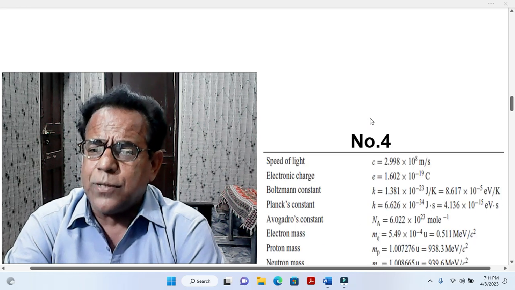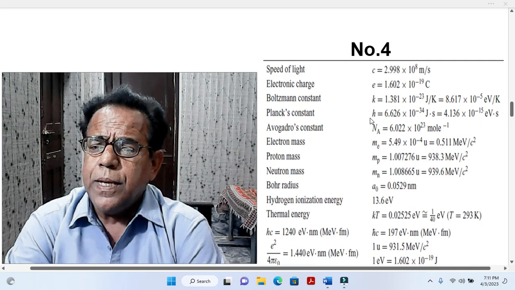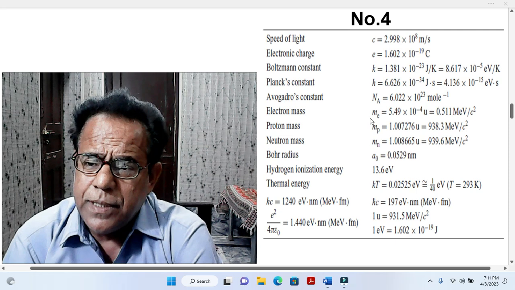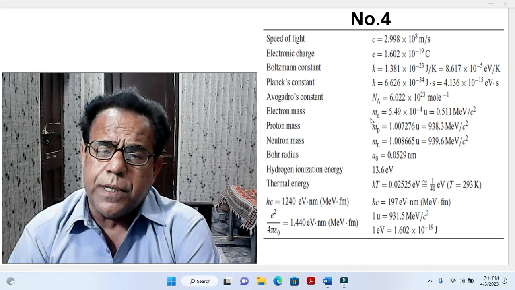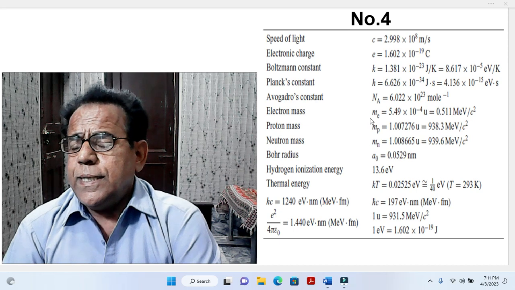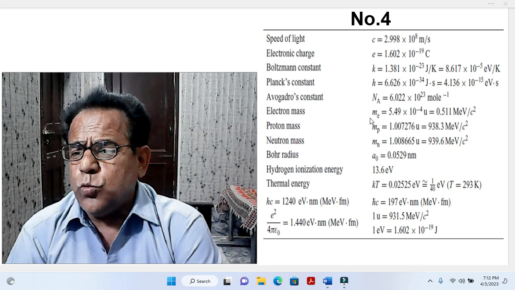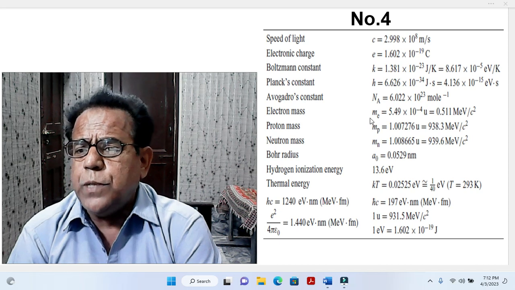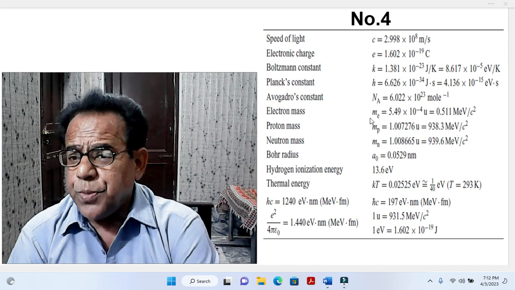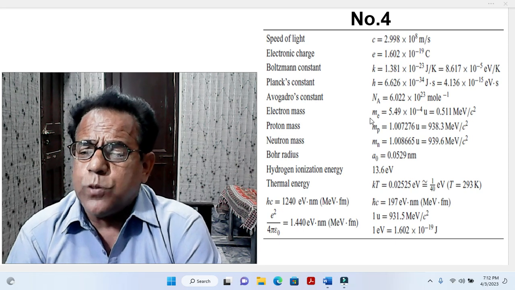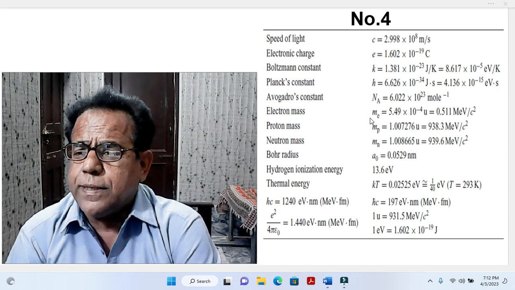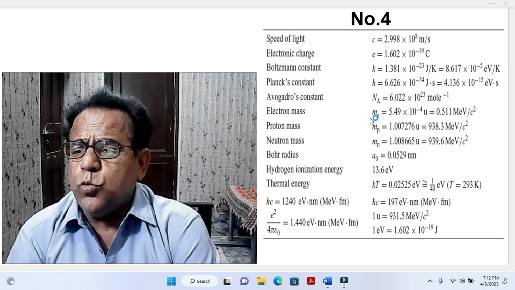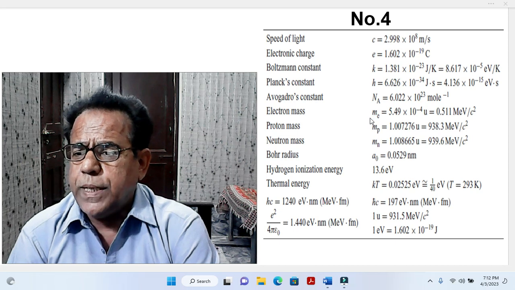This table has also been repeated many times, but whenever it is applicable, it will be repeated in order to keep our toolkit complete. Dear students, here speed of light c equal to 2.998 into 10 to power 8 meter per second. This value will be used. Moreover, value of Planck's constant, which has been given in two different system of units, its second alternate value will be used in this problem.